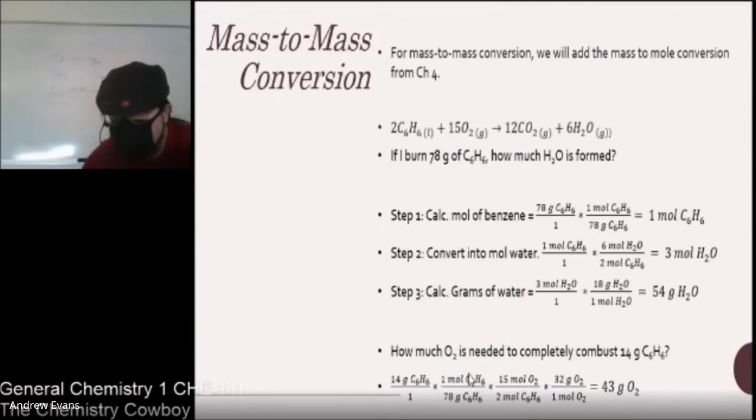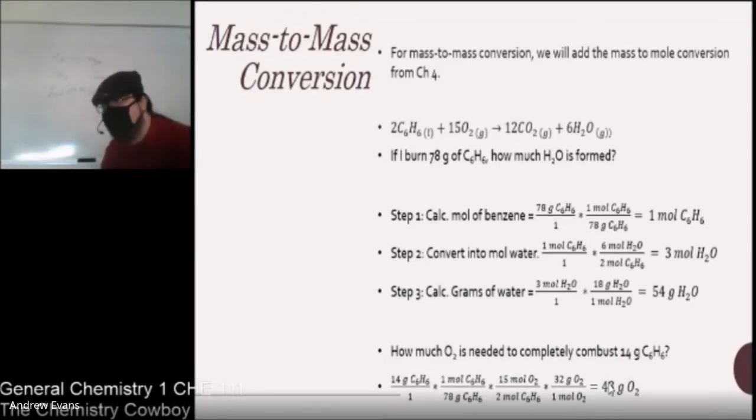I know that moles of benzene is on top because I needed grams of benzene to cancel grams of benzene. So finally, we use the molar mass of oxygen. Moles of oxygen, 32 grams of oxygen. You'd say 14 grams of benzene needs 43 grams of oxygen to fully burn.